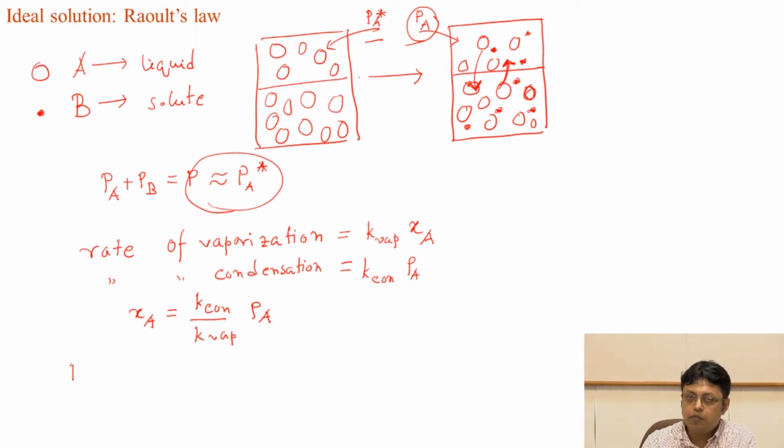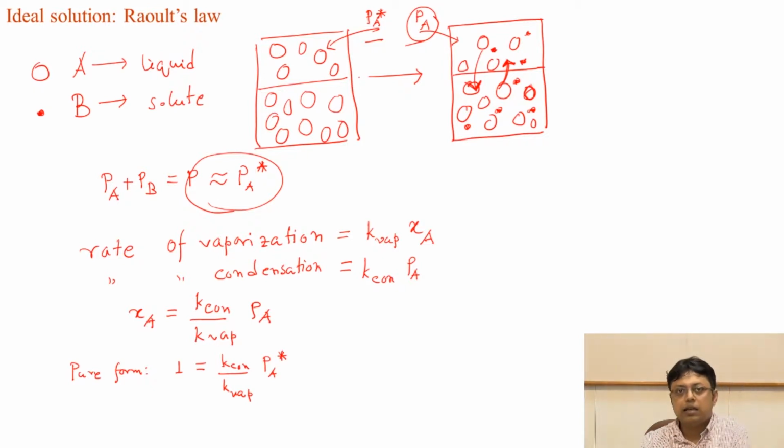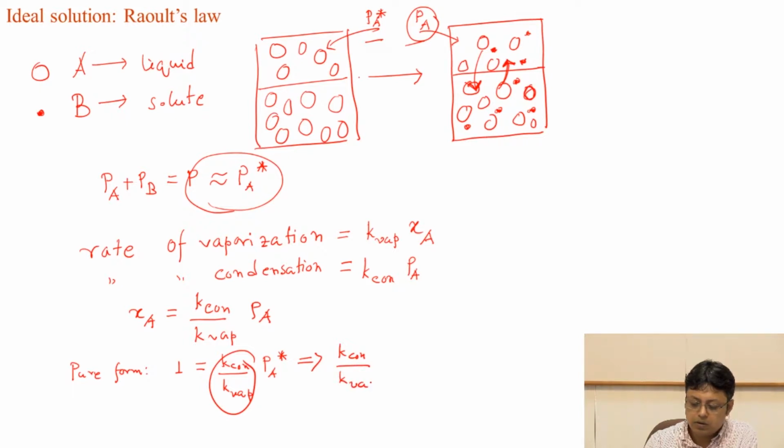Now if you take the pure form, then XA is 1, and the pressure is PA star, so you can easily see that the ratio of the constants, K condensation by K vaporization, is nothing but 1 over PA star.